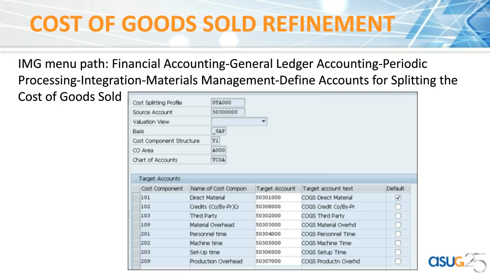So for your reference, I've given you that menu path in this slide so you can go take a look at this. So again, the benefit here is I get detail by the cost component of the cost estimate of the item I sold to break out cost of goods sold. So that was the first really important step.